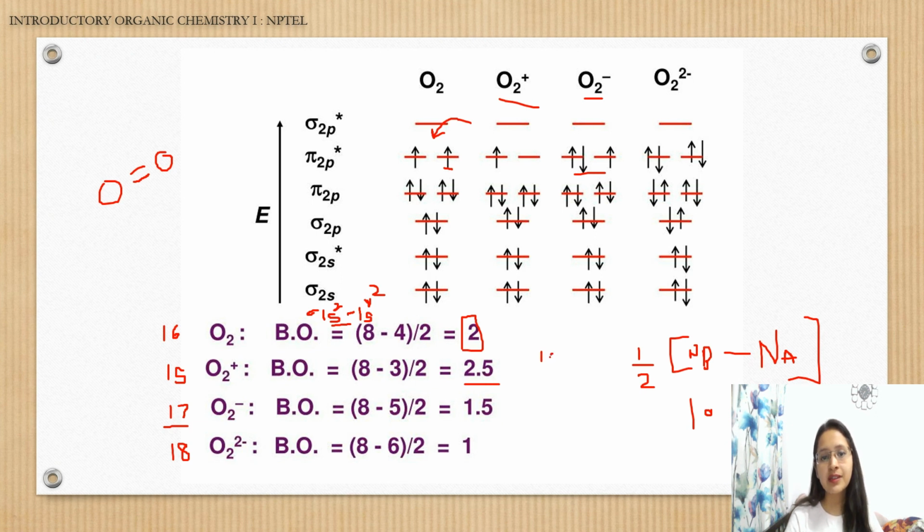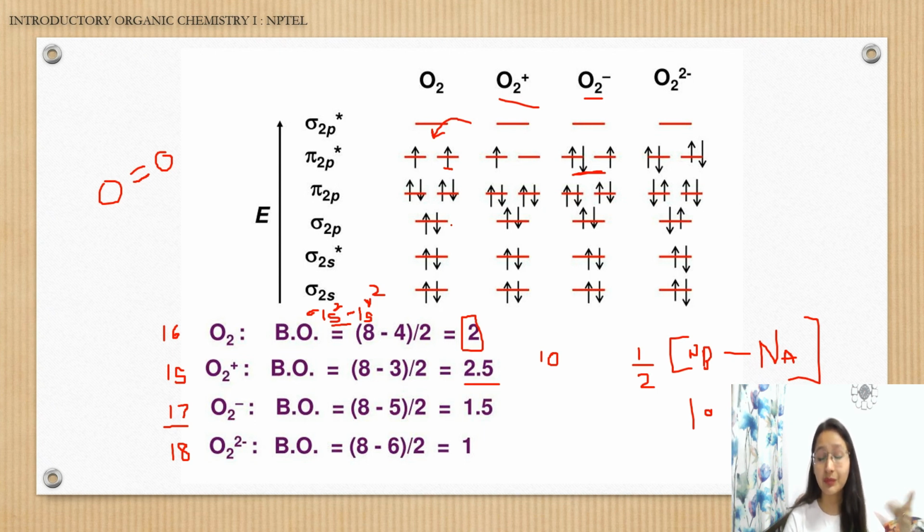So now how many electrons are there in the bonding orbital for this O2 minus? Again, the number of electrons will remain the same for the bonding orbital, because there is no electron adding to or abstracting from the bonding orbital, right? But here the addition is occurring in the pi star orbital, that is an anti-bonding orbital.